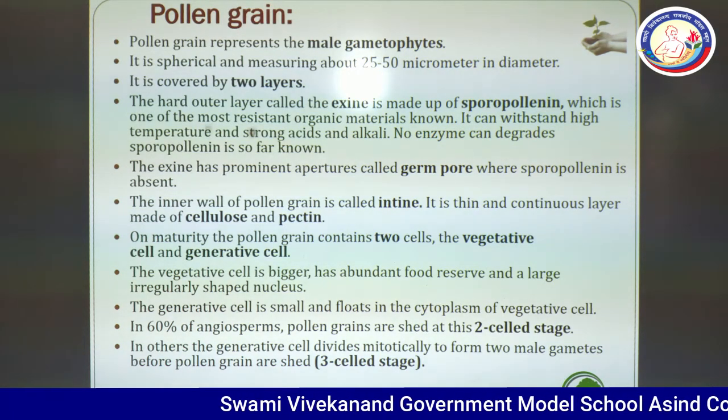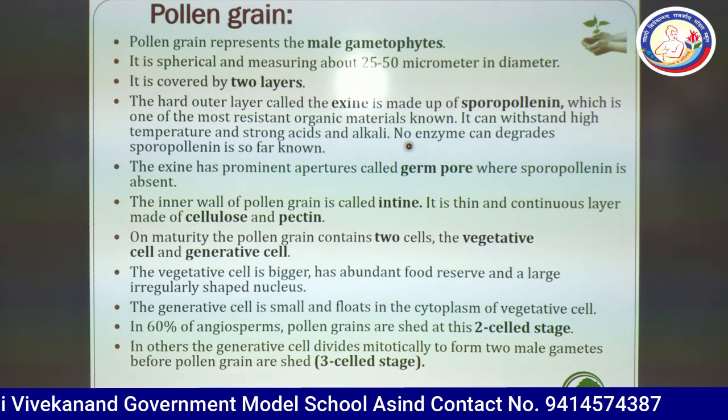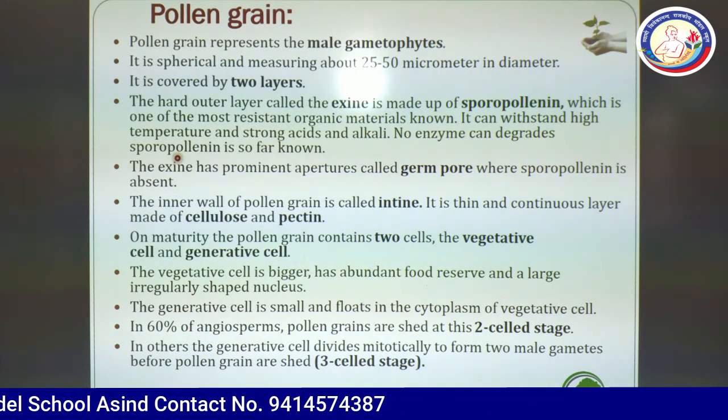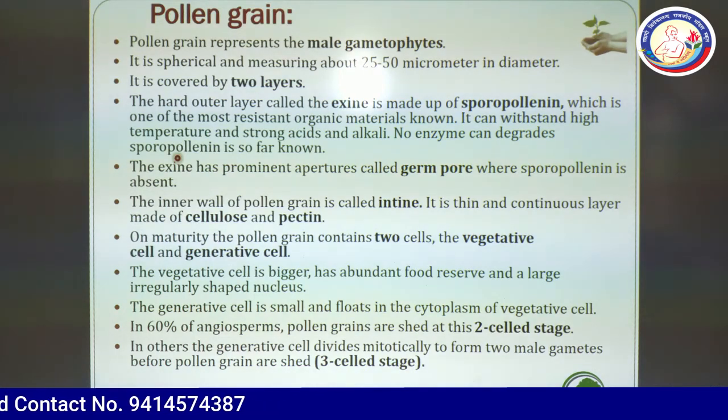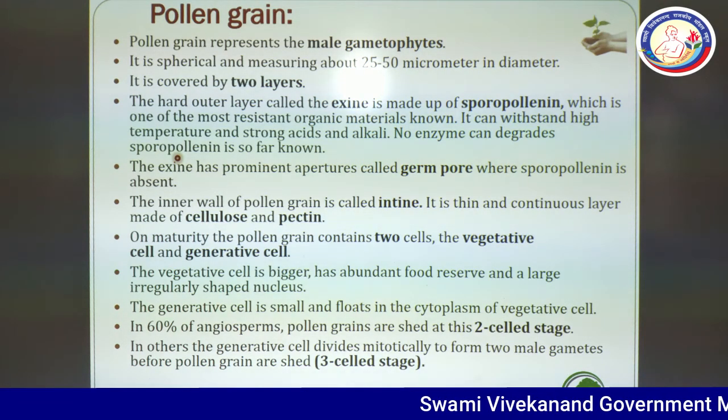It can withstand high temperature, strong acids, alkali, and no enzyme can degrade sporopollenin. So far as is known, dear students, sporopollenin is a very tough structure, and it helps in the formation of fossils of pollen grains.